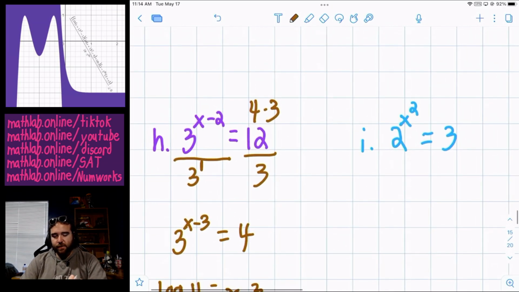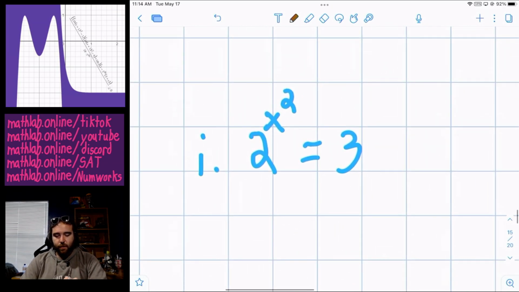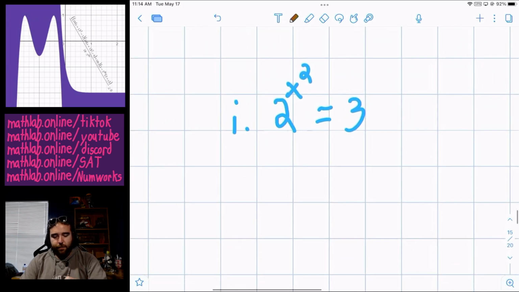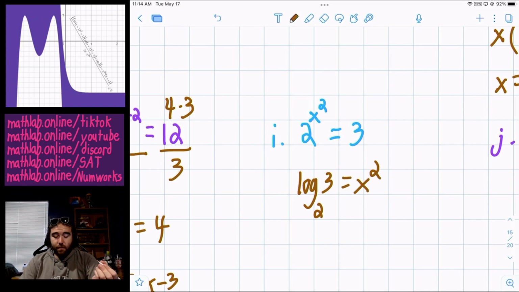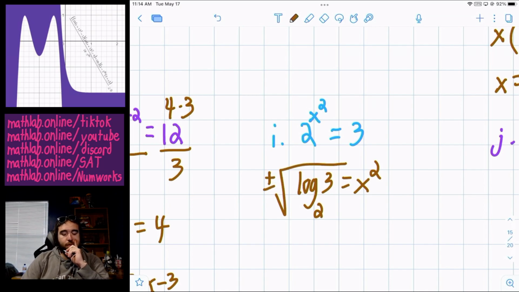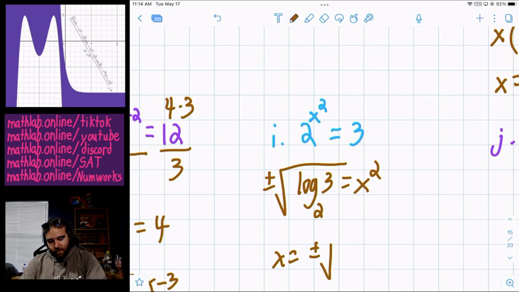Yeah, so I guess that was just nicer because there wasn't an x in the exponent. There was no exponent on this number. Like, we're just going to do the same thing here. We're going to say that log base 2 of 3 is equal to x squared. And then we're going to square root both sides. And so we get x equals plus or minus the square root of log base 2 of 3.